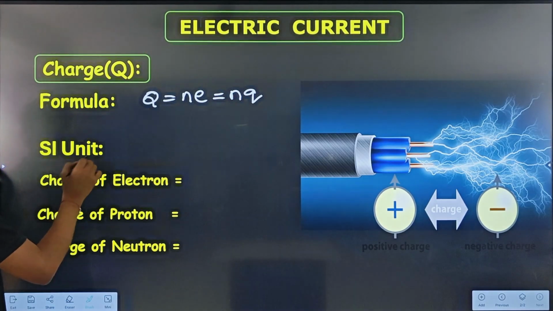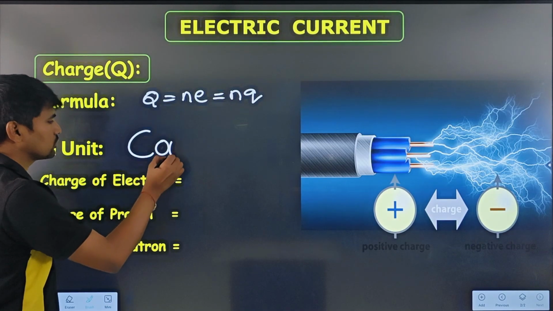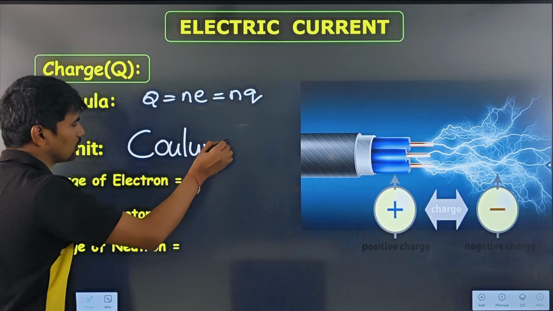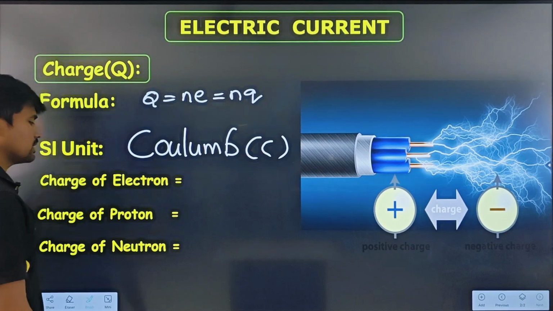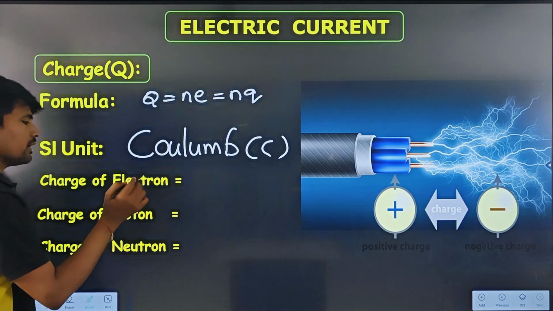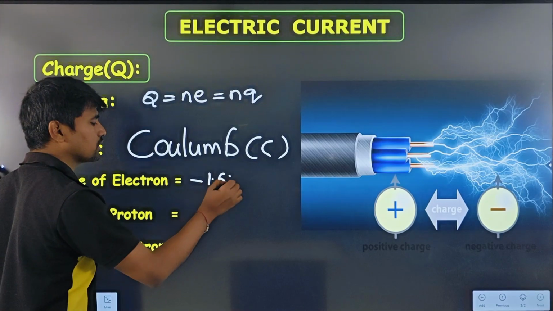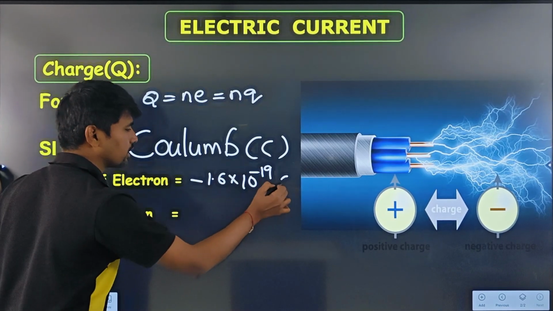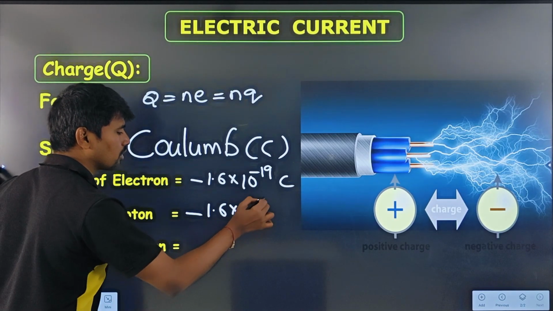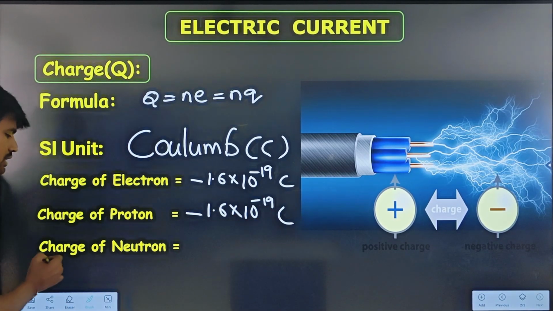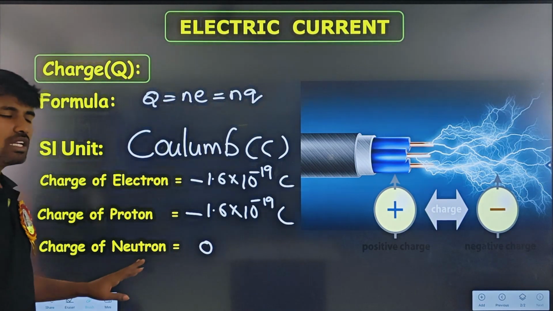The SI unit of charge is coulomb, represented with capital C. The charge of an electron is minus 1.6 into 10 to the power of minus 19 coulomb. The charge of a proton is 1.6 into 10 to the power of minus 19 coulomb. The neutron has no charge; it has neutral charge.